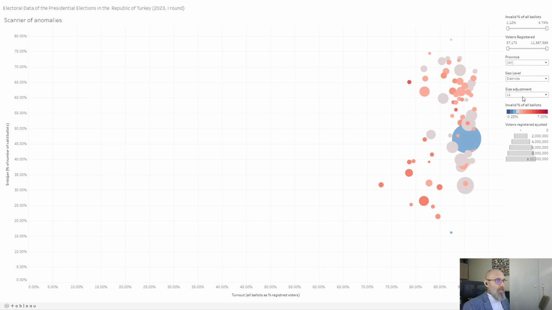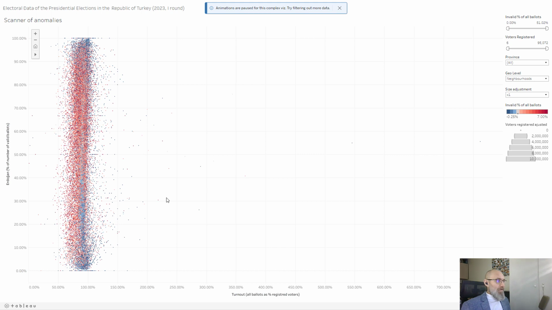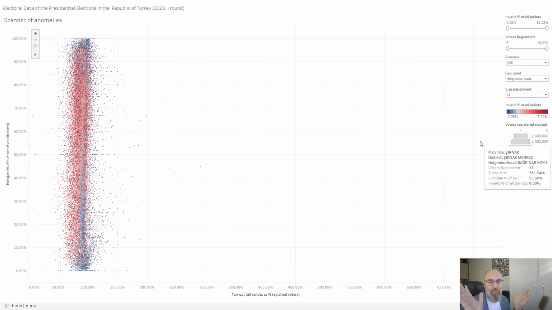And we go for, as I mentioned, granularity. We can go to the districts when the situation falls apart. We can go down to neighborhoods. It will be total chaos. And what happens, by the way? You have to understand that some particular place, this one, these guys somehow managed to get 761% of turnout.